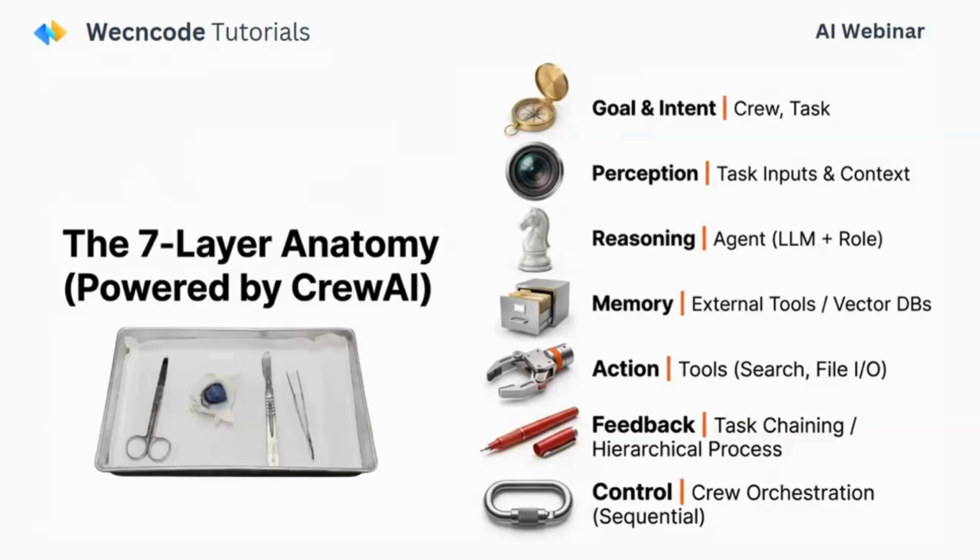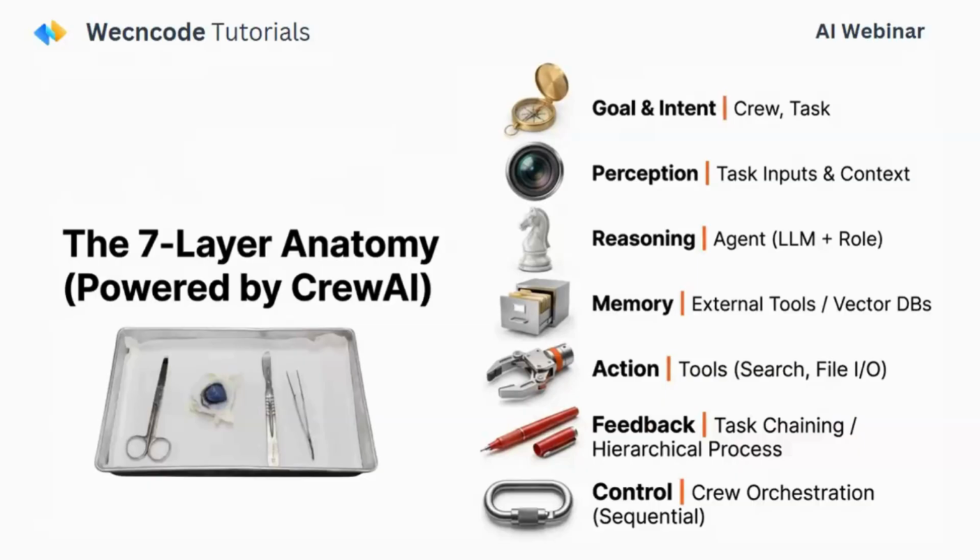Then we also look at perception: task inputs and context. We have reasoning. Agents use the LLM combined with their role to reason. And then we also have memory and external tools, where they store memory, so we'll have vector DBs. Then action. Every agent has an action to perform.